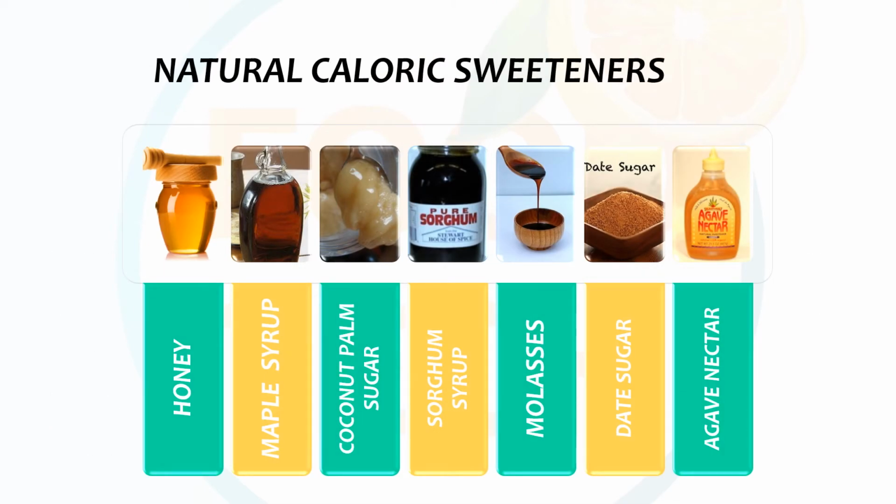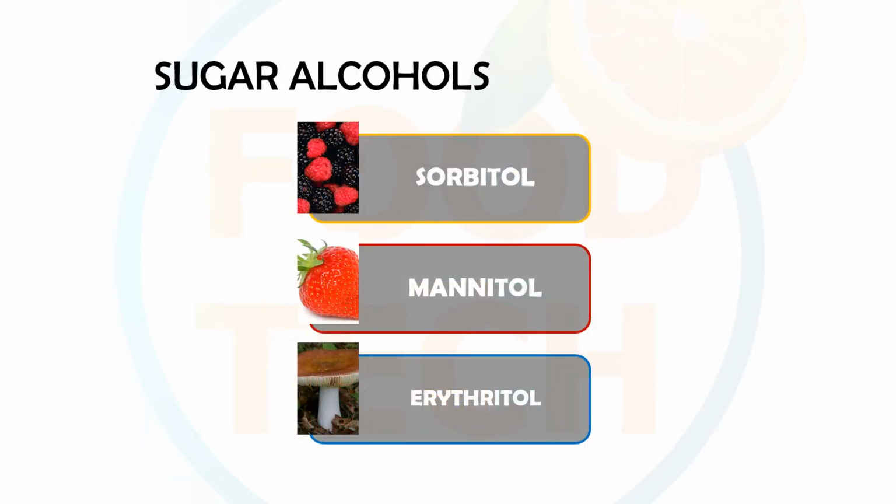Now moving to natural caloric sweeteners. So natural caloric sweeteners are those sweeteners which have got some calories in them. We will further study zero caloric sweeteners, that is, those sweeteners which have zero calories.